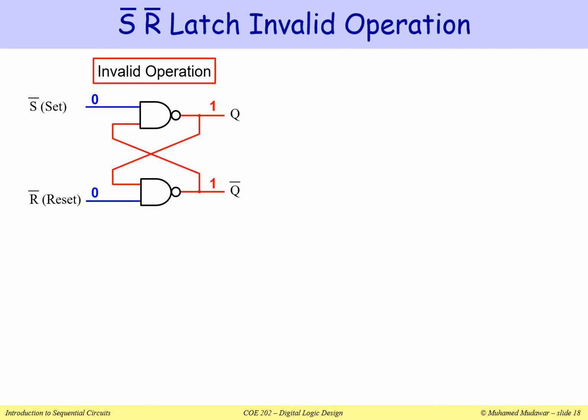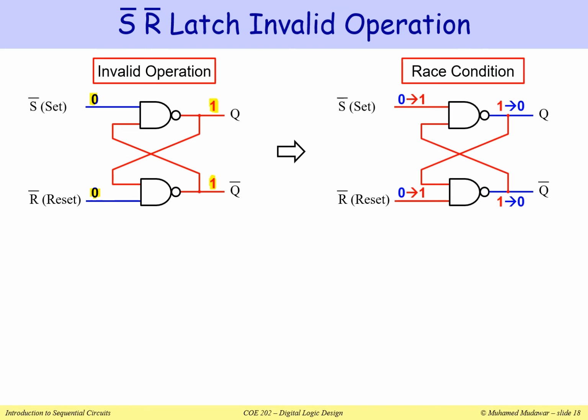Finally, I should never set and reset at the same time. So my set and reset inputs should never be 0 and 0 at the same time. This will produce both Q and Q bar to be 1 and 1 at the same time. If both of them drop simultaneously, I will have race conditions, I will have oscillations.